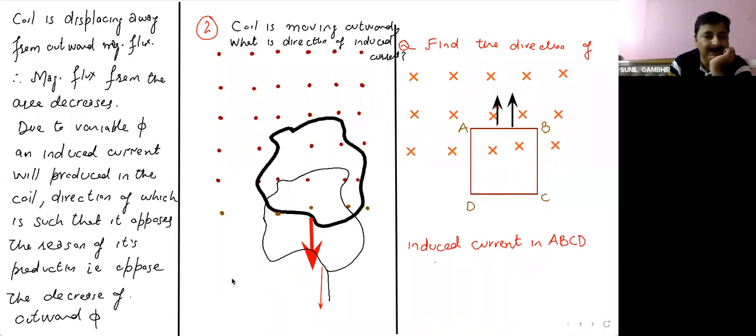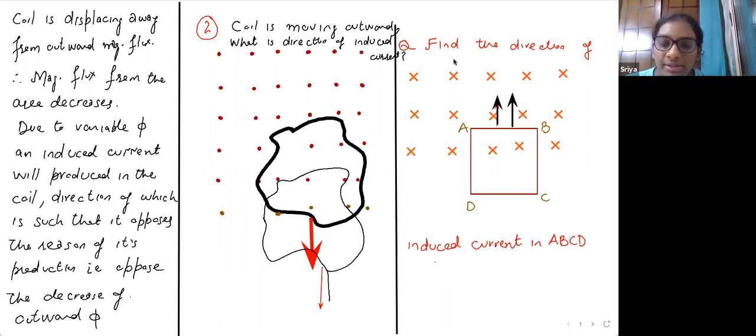Yes, any question? Sir? Yes. In the first case, the coil is being moved upward, so the magnetic flux increases, and as a result a variable magnetic flux is produced, and an induced current will be produced. According to Lenz's law, it will oppose its reason of production, which is the increase in magnetic flux. So how does it oppose it?